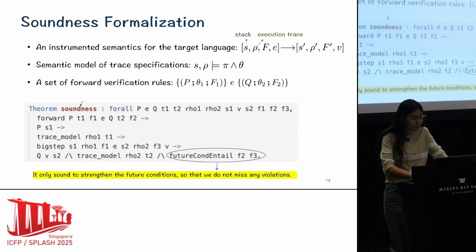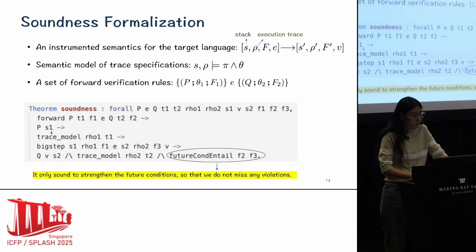So this is the definition of soundness in ROC. It says if the verification system concludes a valid triple starting from a precondition, pre-trace, pre-future condition, and concludes a postcondition Q and a post-trace theta 2, and a concluded future condition.